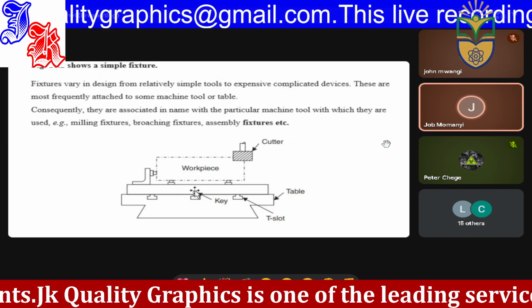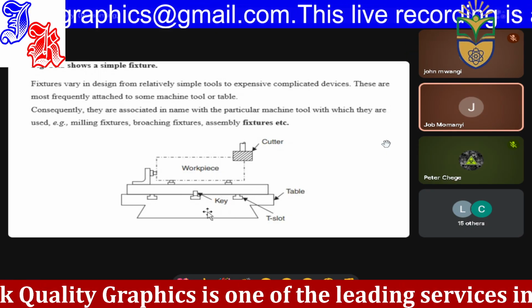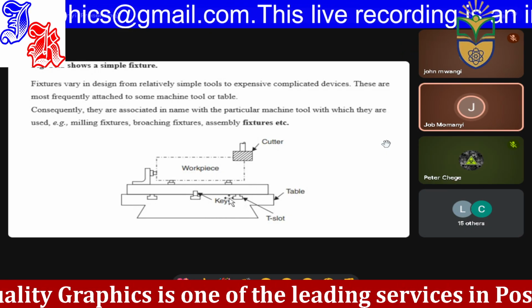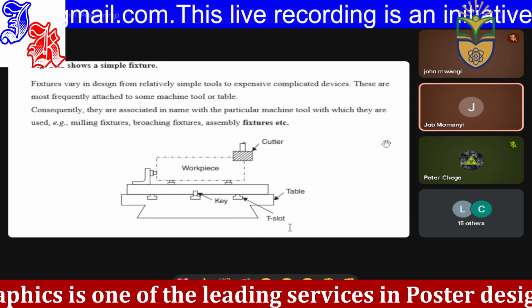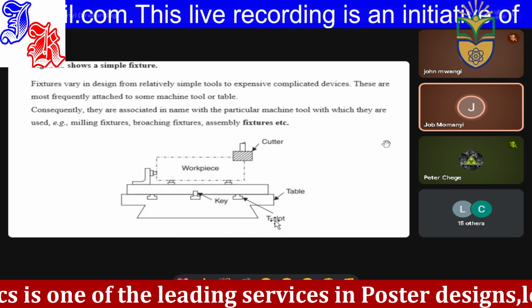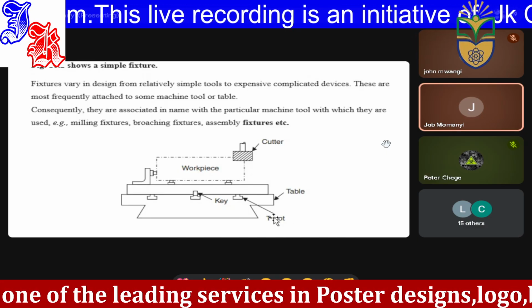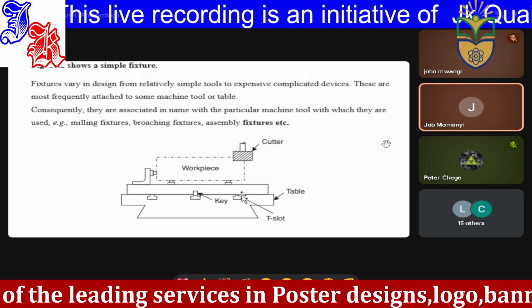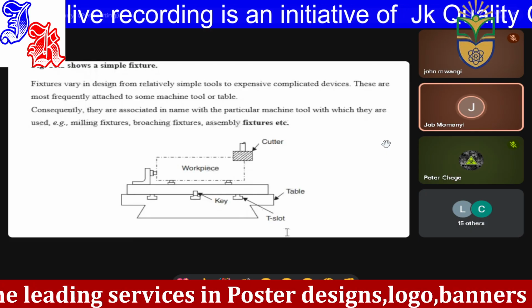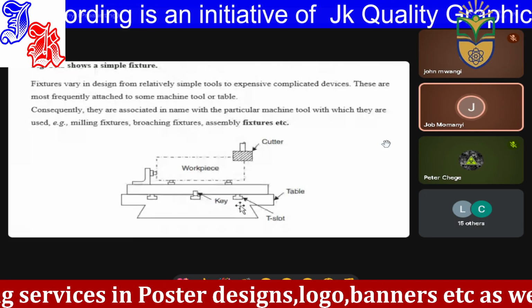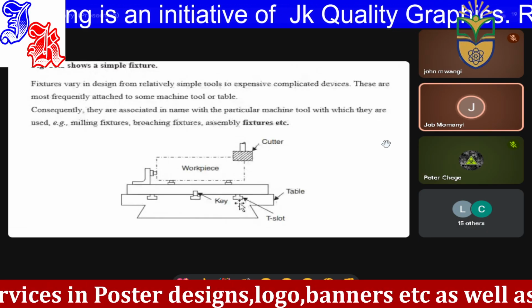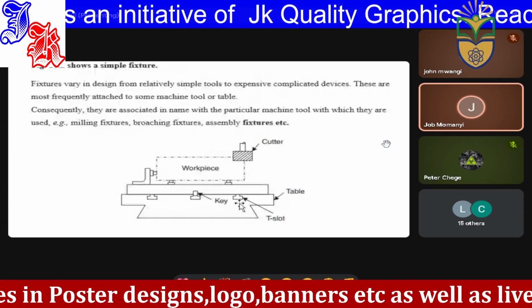So on the table, you can see the keyways, which enable us to insert T slots. We have keyways which have got the T slots. So in these T slots, you can insert, for example, T bolts.